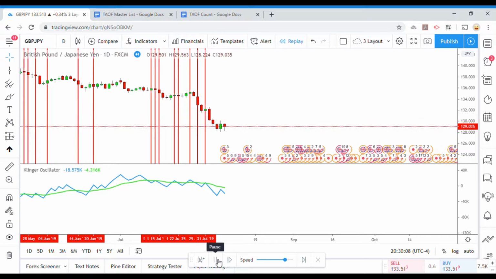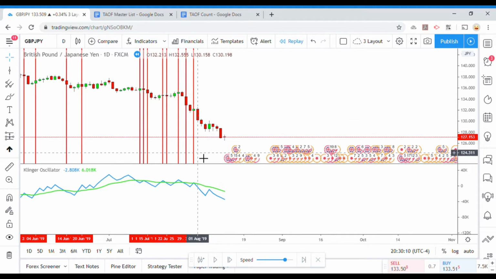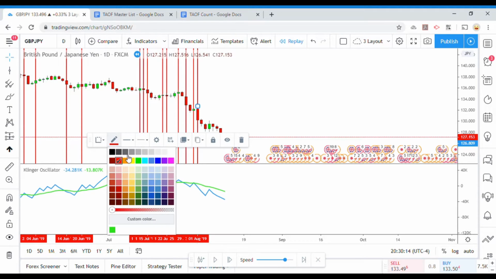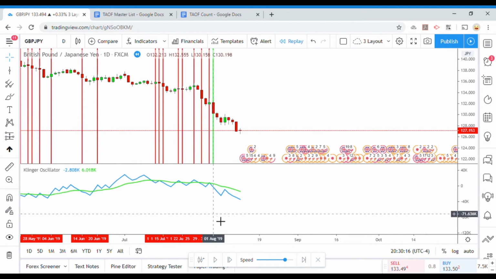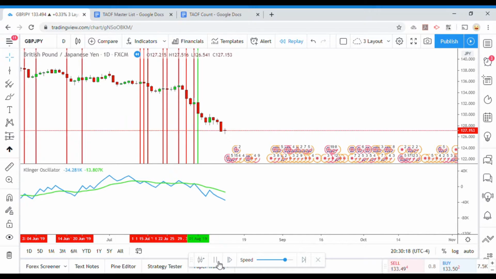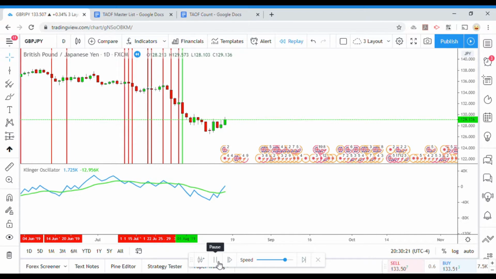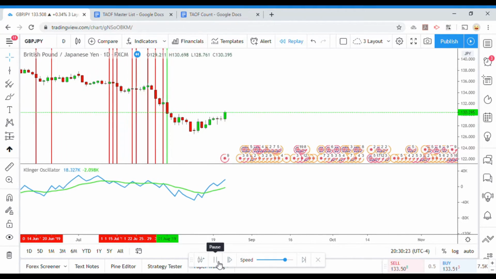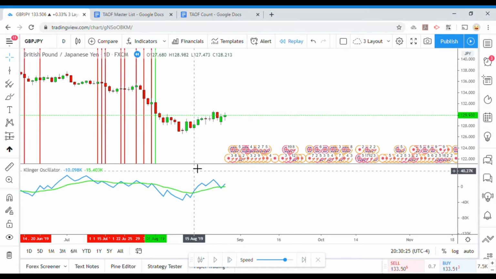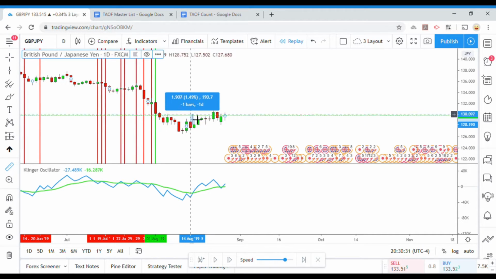This thing is just getting absolutely annihilated. Just for the sake of seeing how horrible it is, I'm going to continue on, but there's absolutely no way this thing is going to make a comeback.